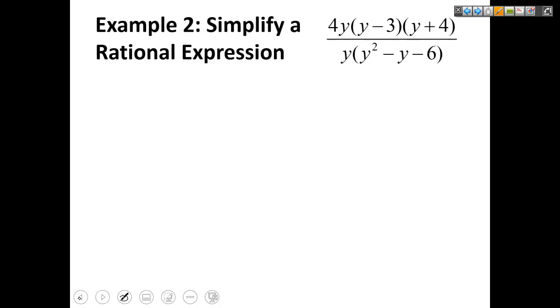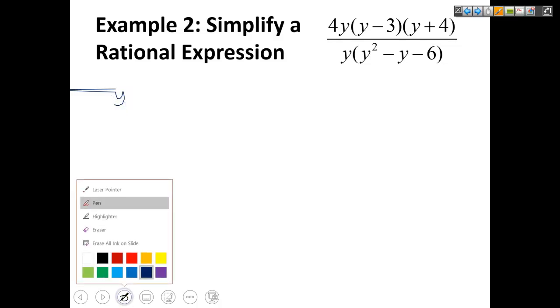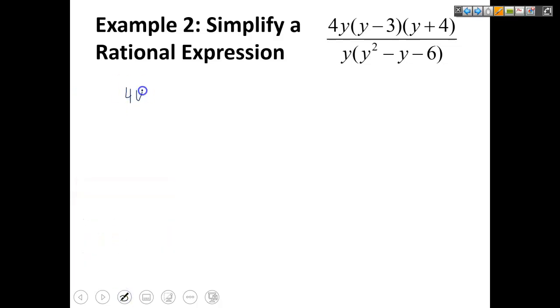Okay. Same idea, same concept. This time my numerator is already in factored form. So I'm going to look at the denominator and say, all right, what can I do, if anything?